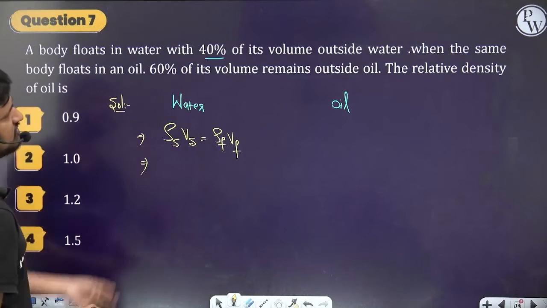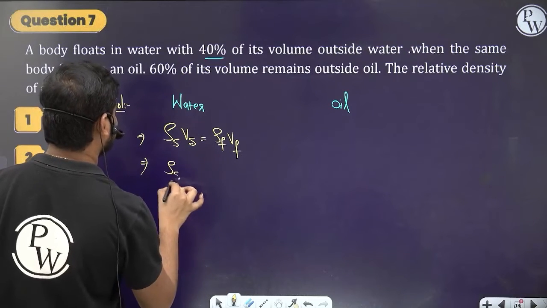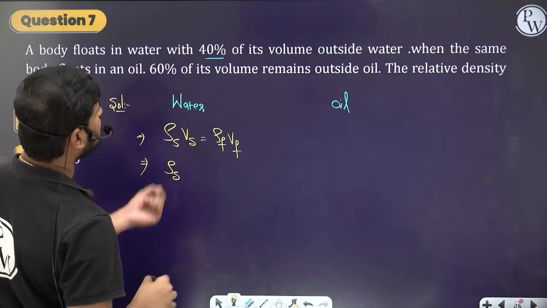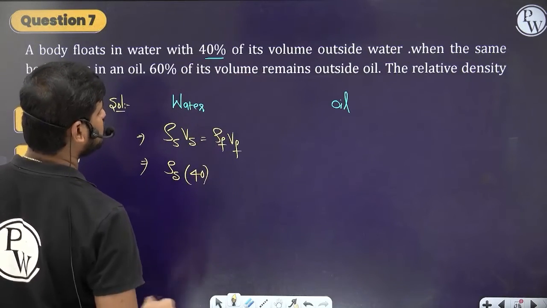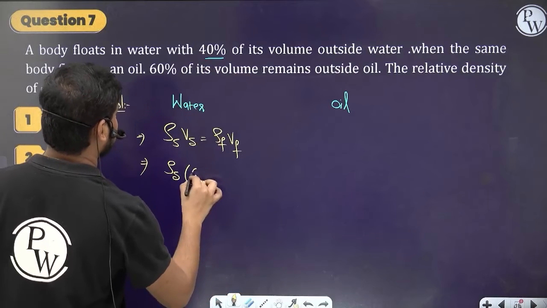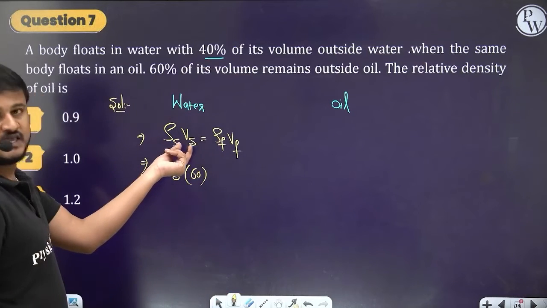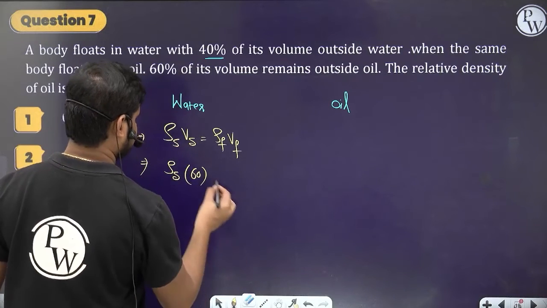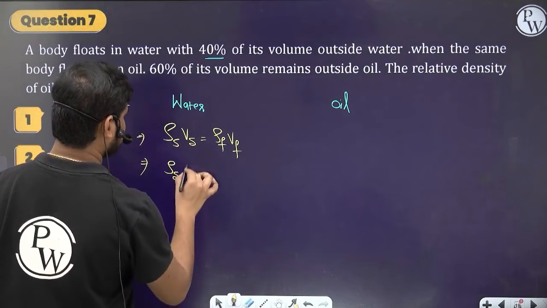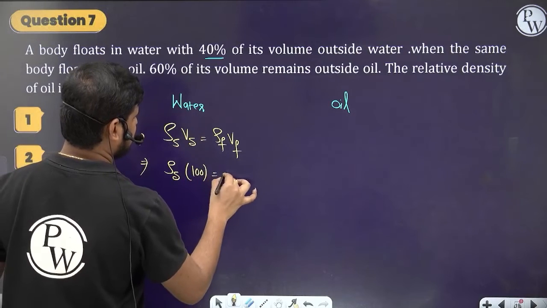So what is the density of the solid? Let it be the density of the solid into the volume of the solid, percentage immersed in the water. Outside 40% means inside 60%. Here it's going to be total. Here also total, consider it as 100. Let me do this way.